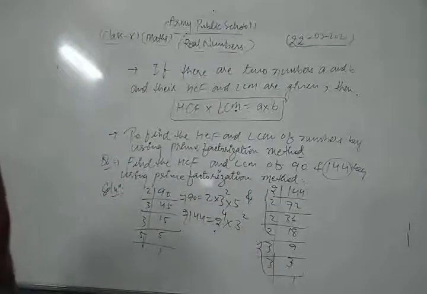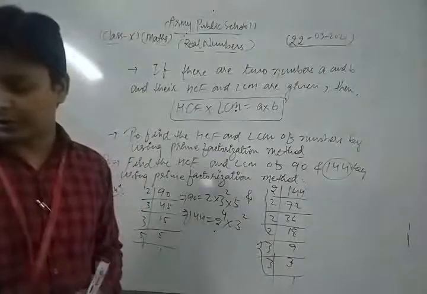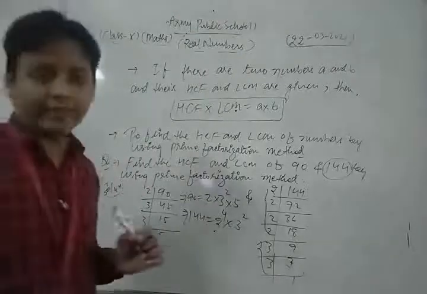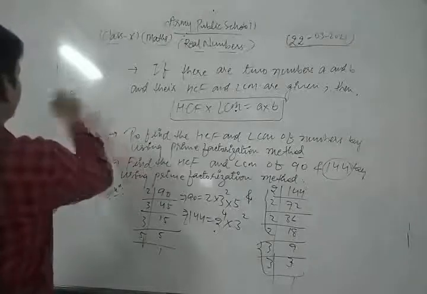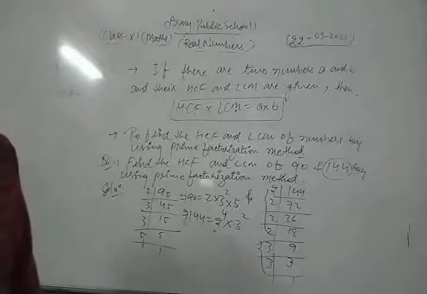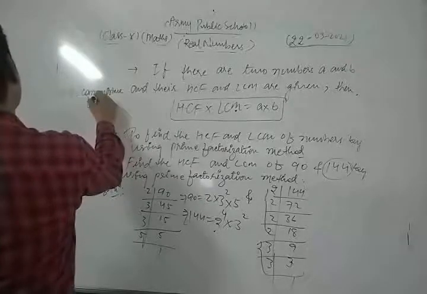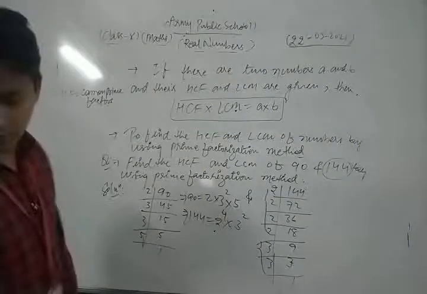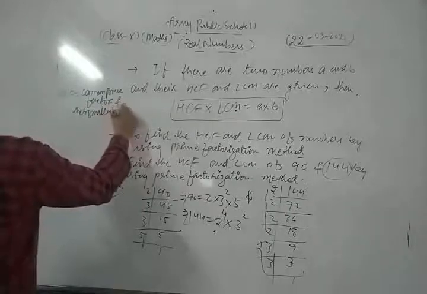Now the HCF is the product of the common prime factors with their smallest exponents. So the required HCF is the common prime factors and their smallest exponents.